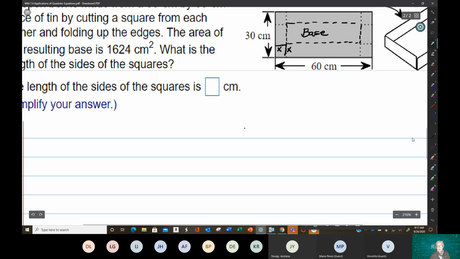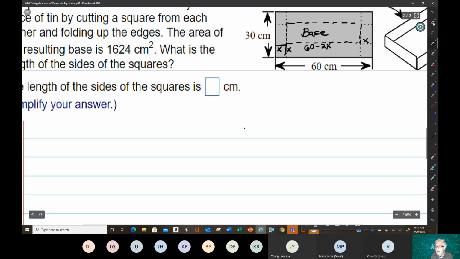So we're going to use what you learned earlier today. Since this piece of tin was 60 centimeters, but it lost X centimeters when this side got folded up, and X centimeters when this side got folded up, this is now going to be 60 minus 2X.